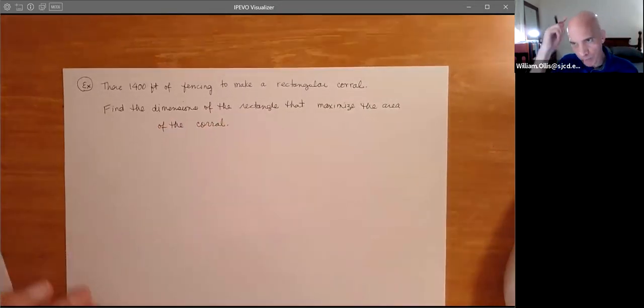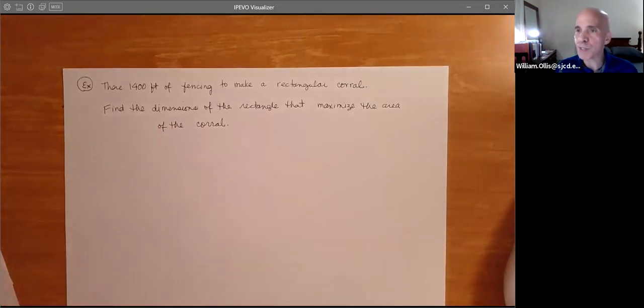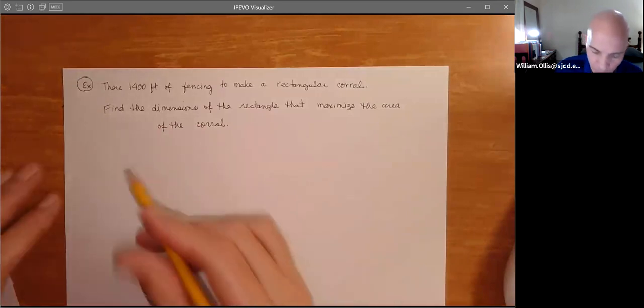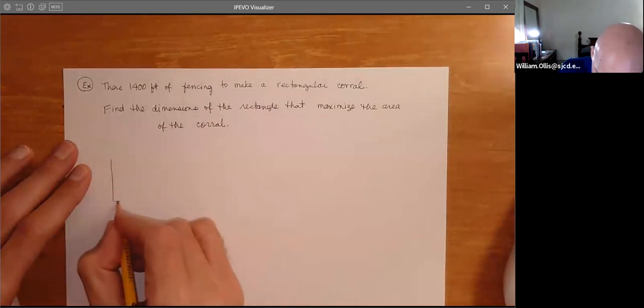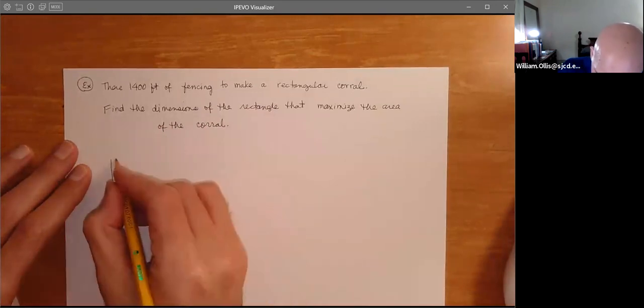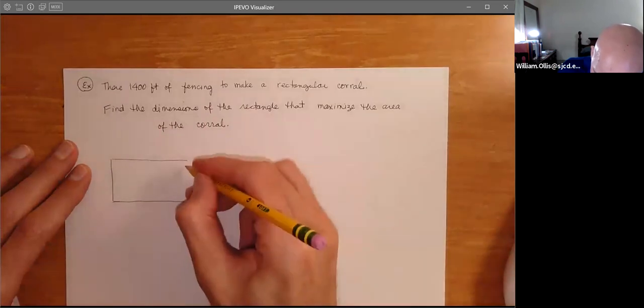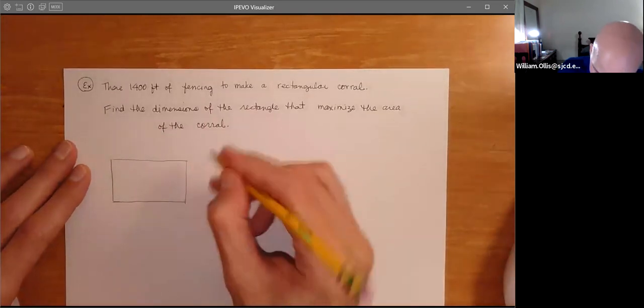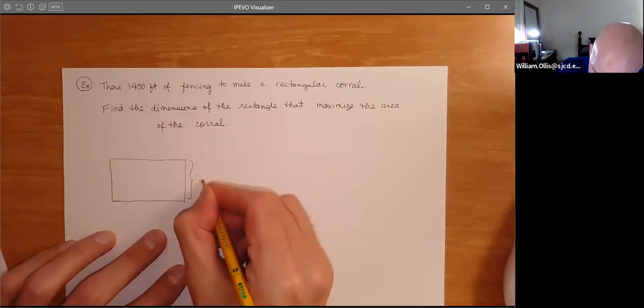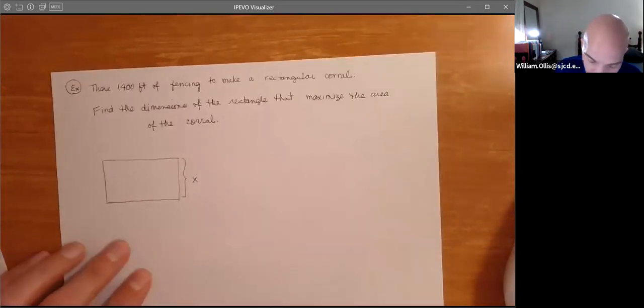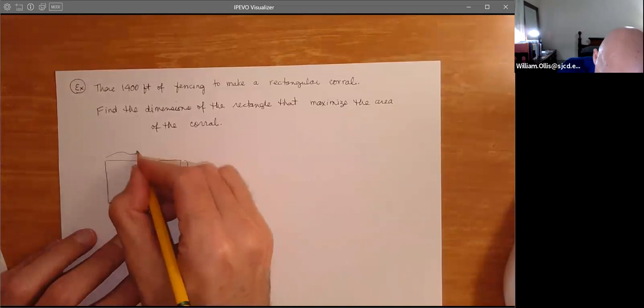And you're thinking, well, that's easy. The problems we had before gave us the functions, but these functions are easy because we can use perimeter. So say, for instance, you can just draw your rectangular corral. And if you like, you can just specify one dimension to be X and the other dimension to be Y.